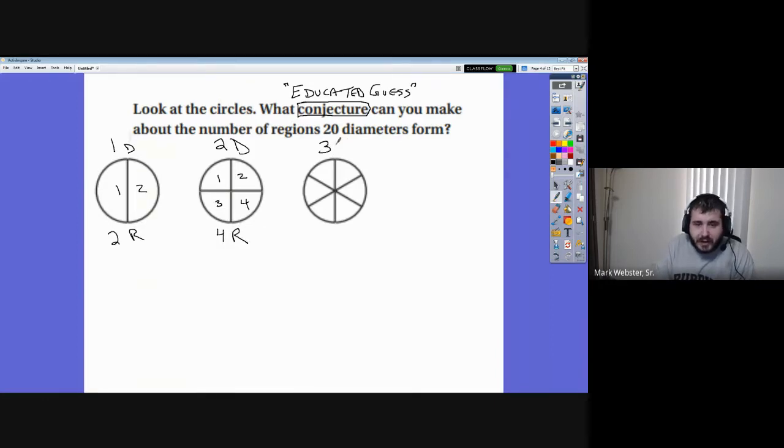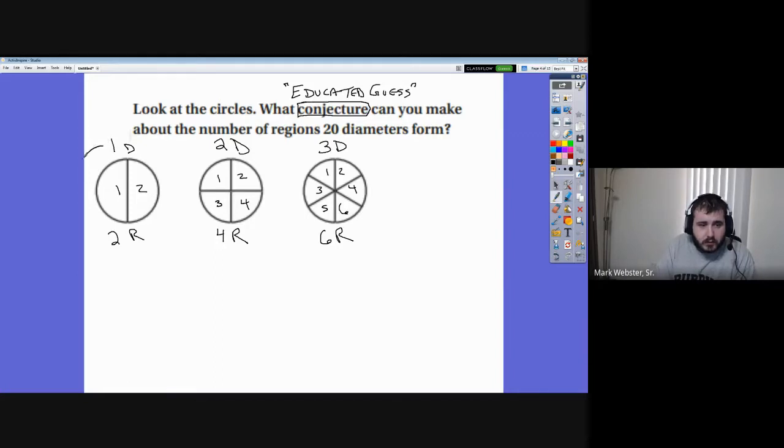If there's three diameters, you have six regions. So look at the way the diameters cause the number of regions. 1 to 2, 2 to 4, 3 to 6.